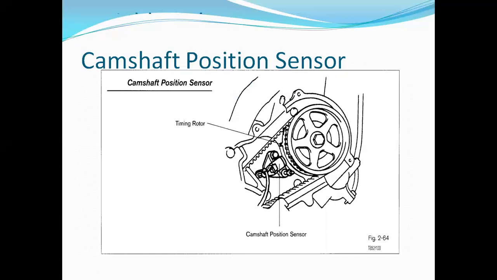Here is the pictorial representation. The timing rotor has been fixed over here. Upon rotation, the chain cam is fixed, and here the cam position sensor has been placed.